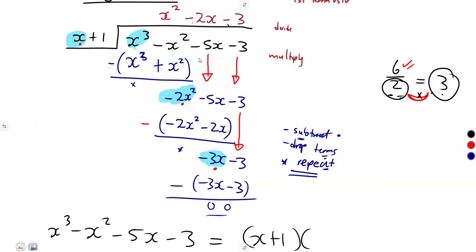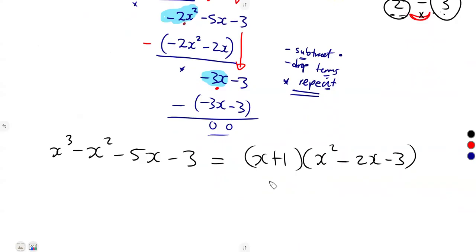So what we obtained after dividing is what? Is x squared minus 2x minus 3. From this whole idea, 2 times 3 gives us a 6. So it means the product of these two factors is supposed to give us the original function that we were given before. So that is what you have here.